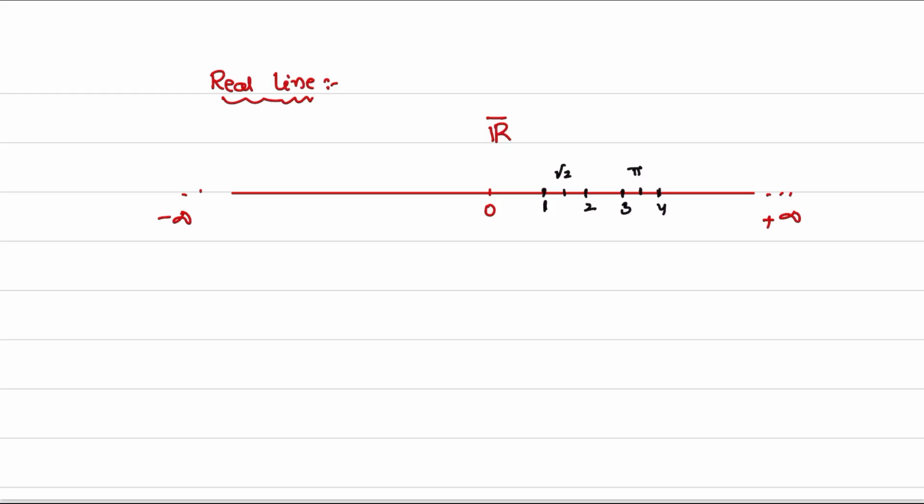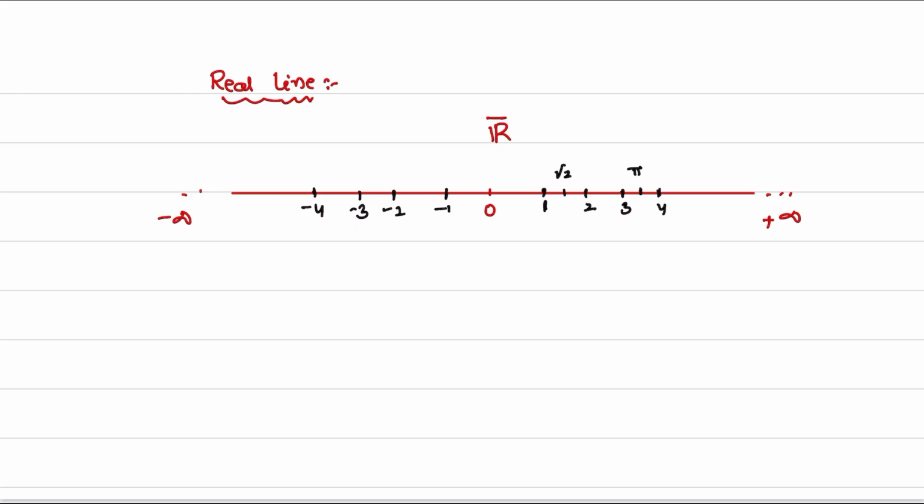These 1, 2, 3 are integers, natural numbers, and whole numbers when you include 0, and integers when you include negative numbers also. Here negative, -1, -2. You remember this real line.